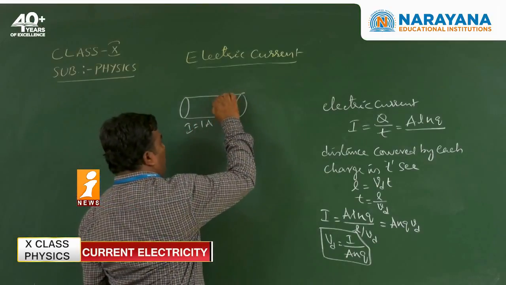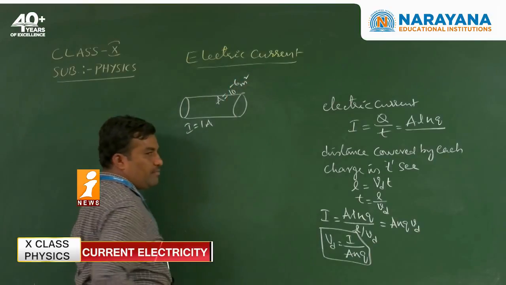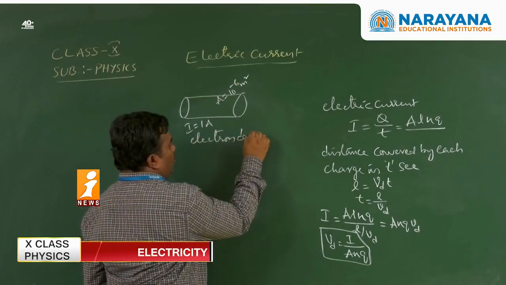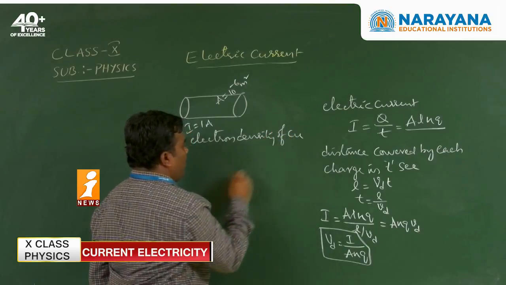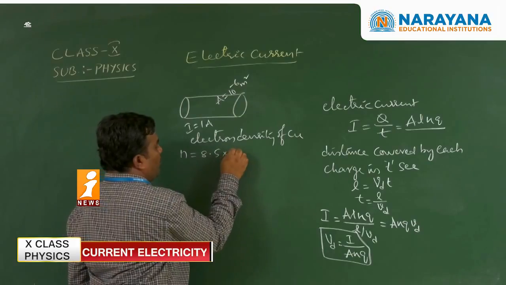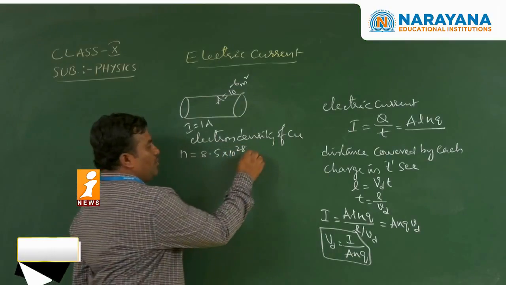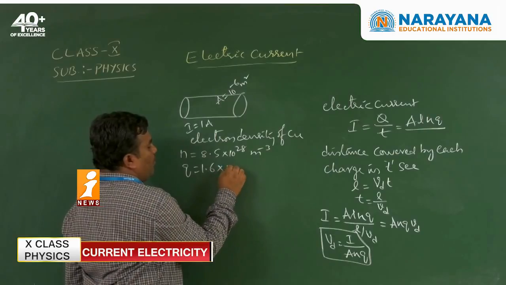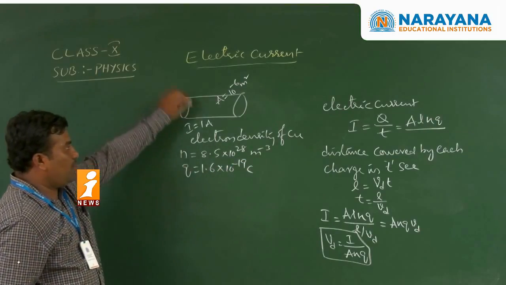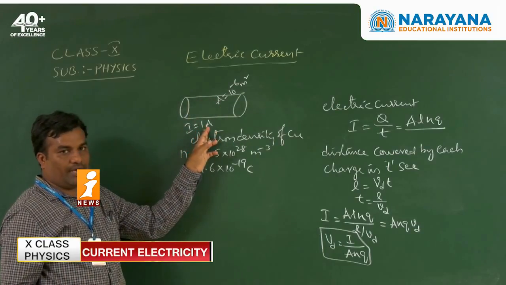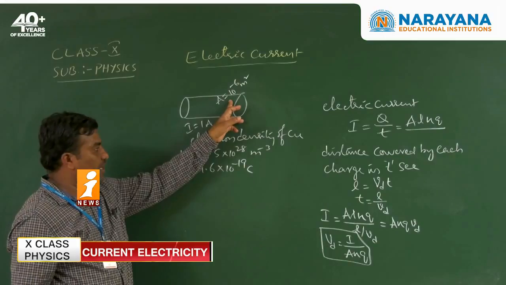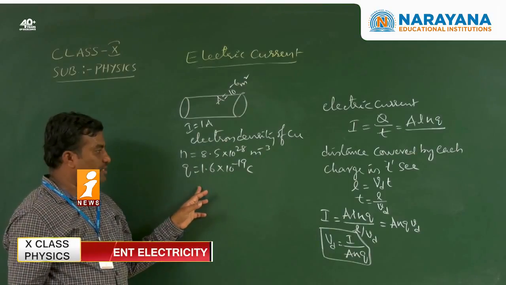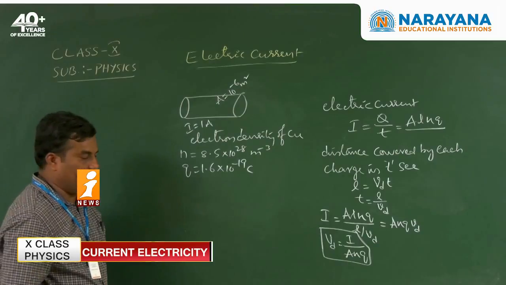The area of cross section of the copper is 10 to the power of minus 6 meter square, the electron density of copper N is 8.5 into 10 to the power of 28 meter to the power of minus 3, and the charge of an electron is 1.6 into 10 to the power of minus 19 coulomb. What is the drift speed?